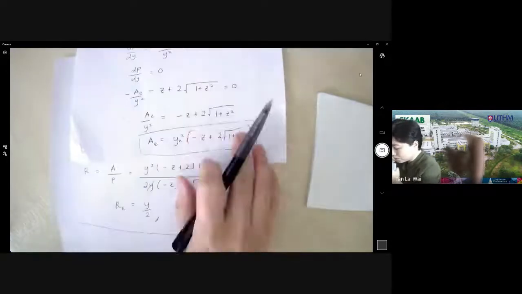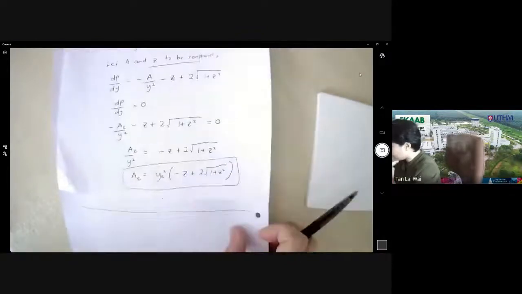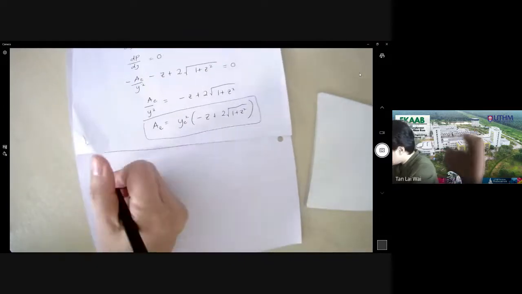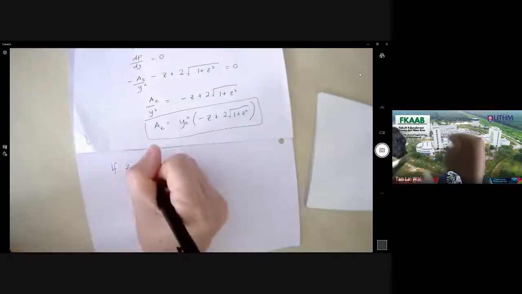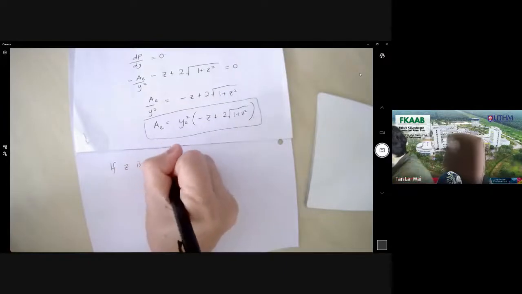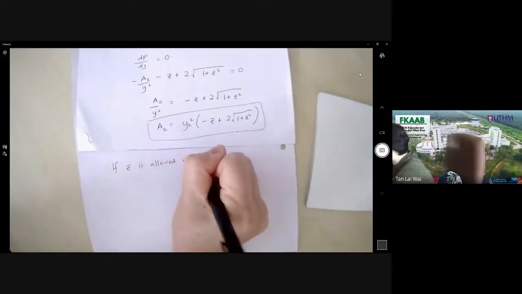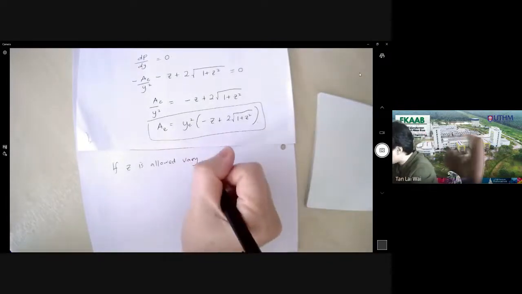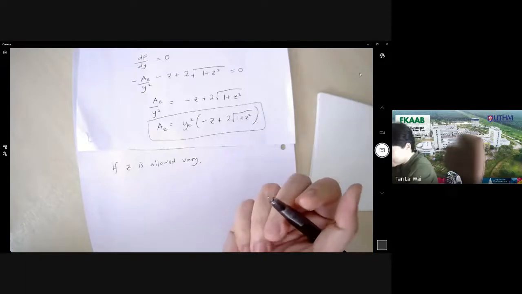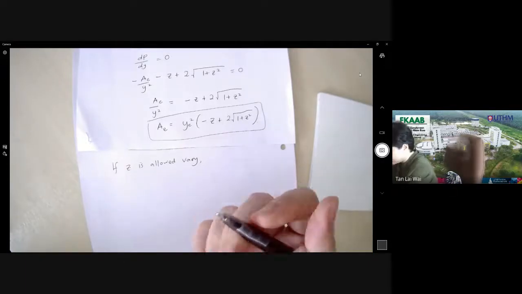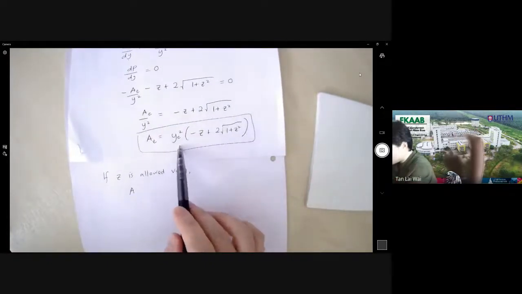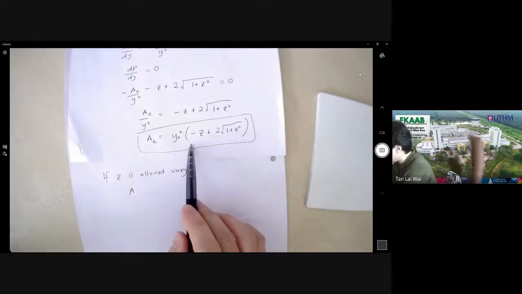So now how are we going to find the most effective Z value? Let's say Z is allowed to vary, that means the question probably doesn't give you any Z. That means you don't need to use a constant Z. That means we are going to find Z. So you see this expression here, I'm going to rewrite this A, the one that we have found earlier.